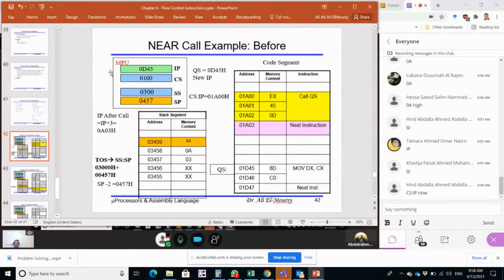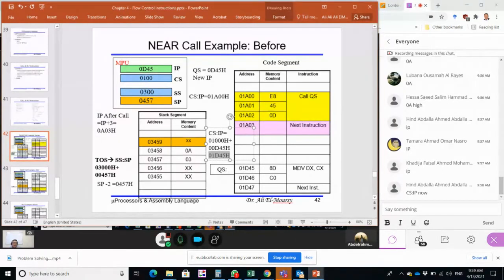Fetch from where this time? Again from CS:IP, right? So after finishing the call, it will fetch from CS:IP. Where is CS:IP? It means I add CS, which is 01000 in hex, to the IP, which is now 00D45 in hex. When I add those two values, I get 01D45 hex. So this is the new location for fetching, which is the label QS.